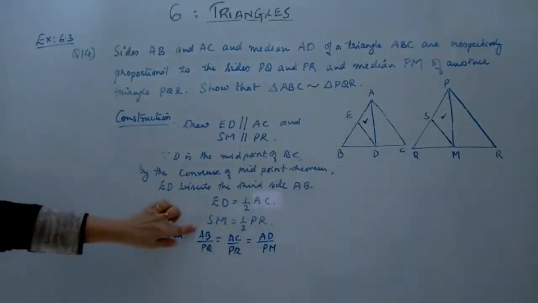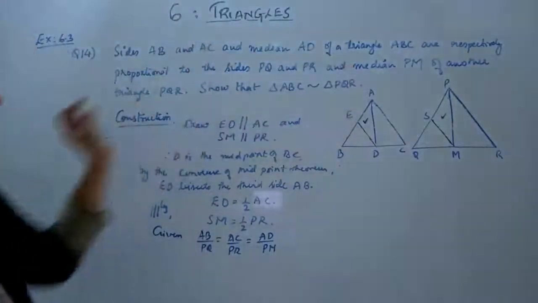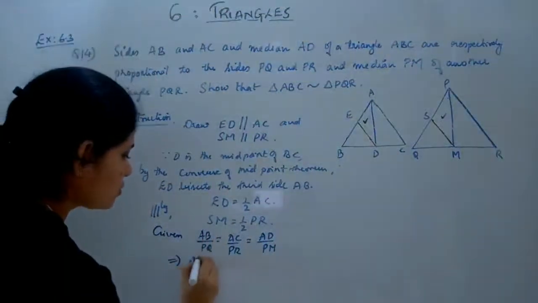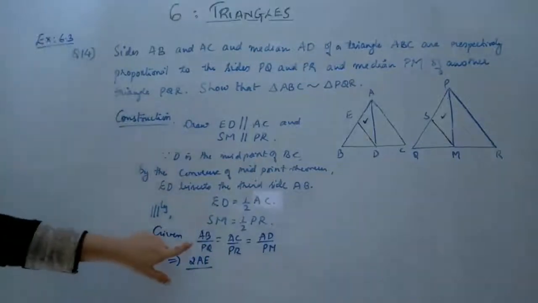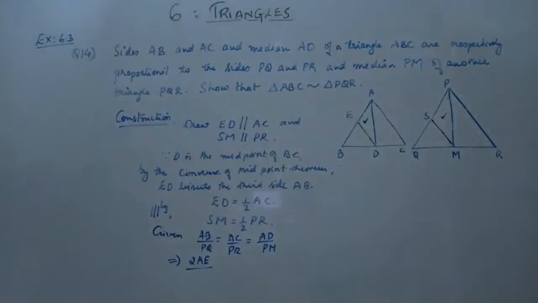AB can be written as 2AE, since E is the midpoint, divided by PQ. Similarly, S is the midpoint, so PQ can be written as 2PS.